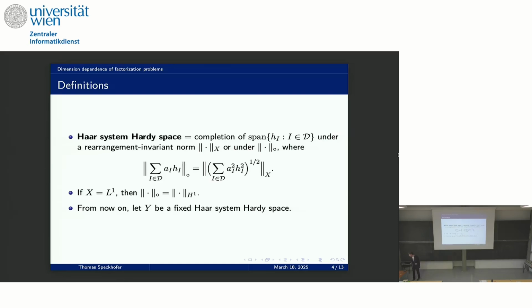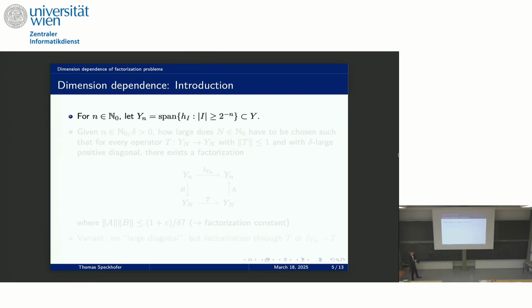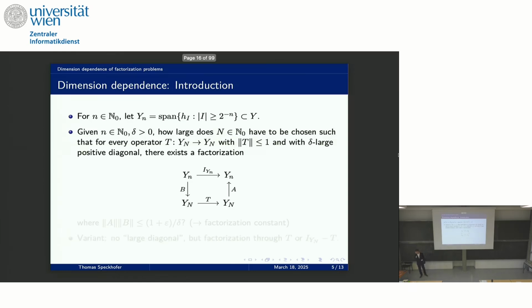Okay, now let's go to the problem that we're interested in. First of all, if n is a natural number, then by Y_n I will denote the linear span of the first n plus 1 levels of the H-system in our space Y. So it's n plus 1 levels because we start counting at 0. And now we ask the following question.